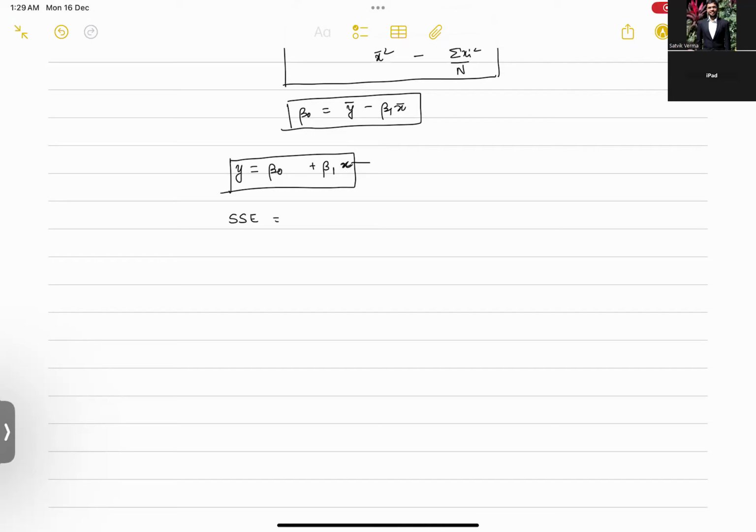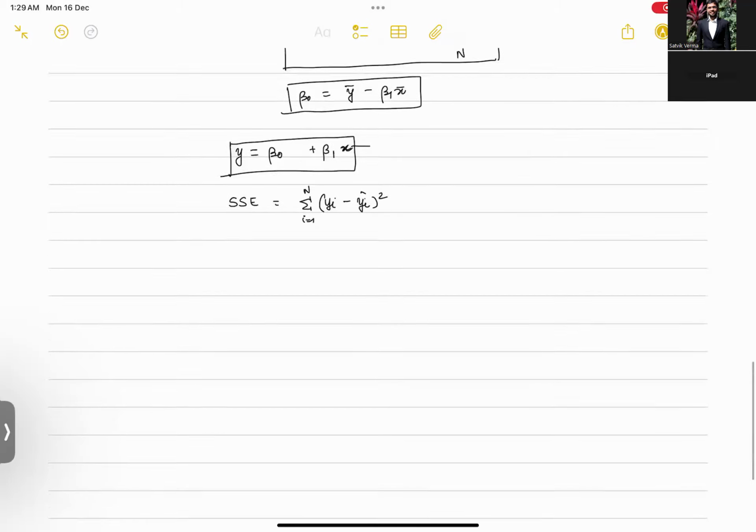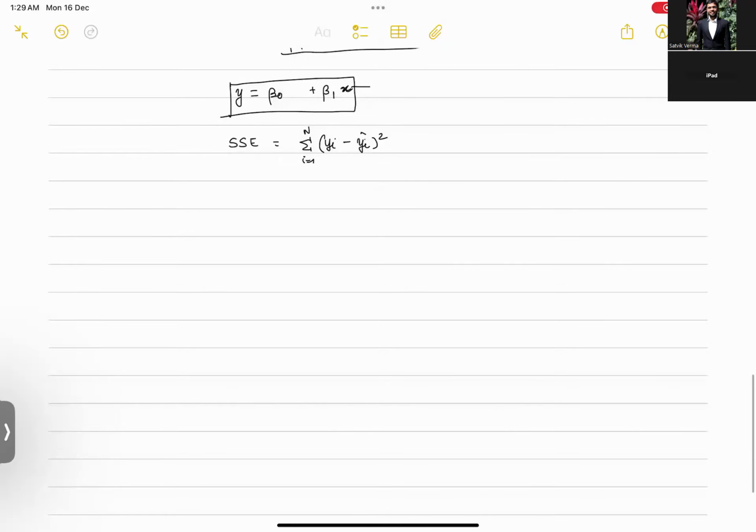So we've shown that sum of squared errors is given by summation yi minus yi predicted whole squared for all the data points, right? There's another quantity which is known as total sum of squares, or we'll call it SS total, or simply ST, just like we call this SE, right?